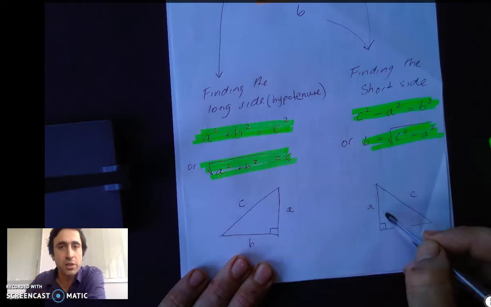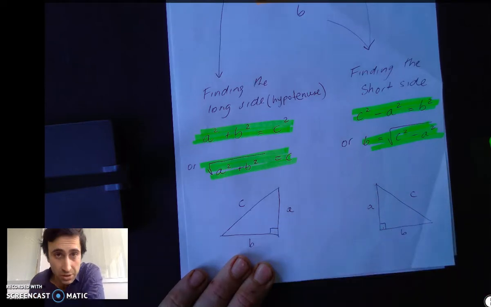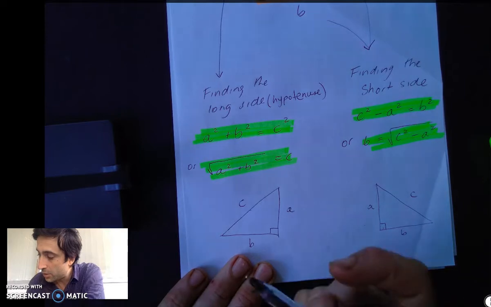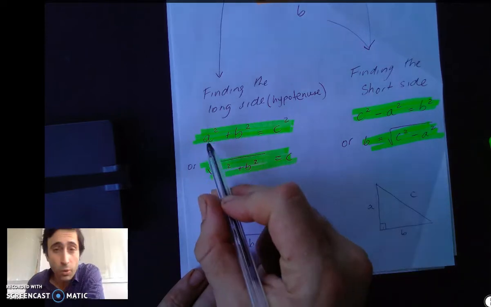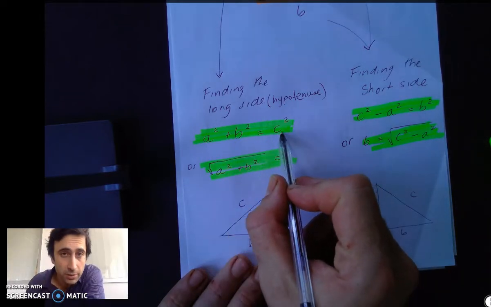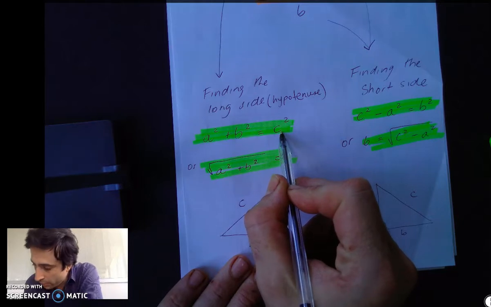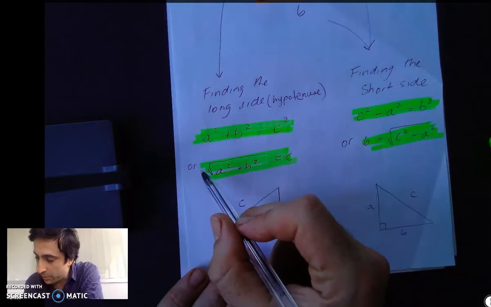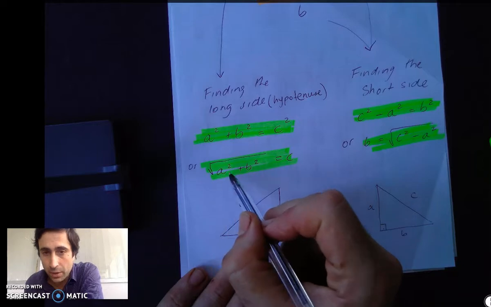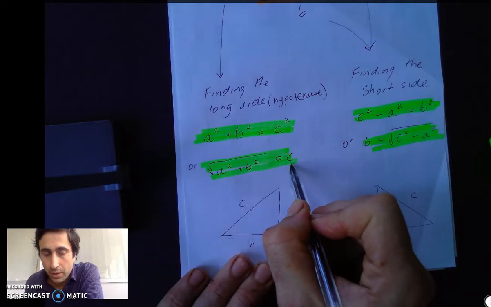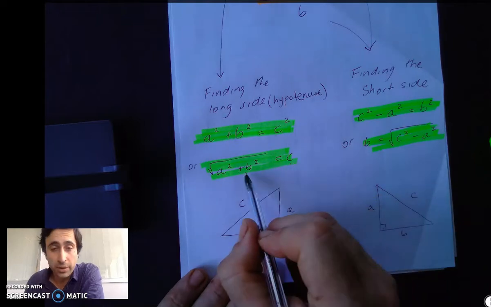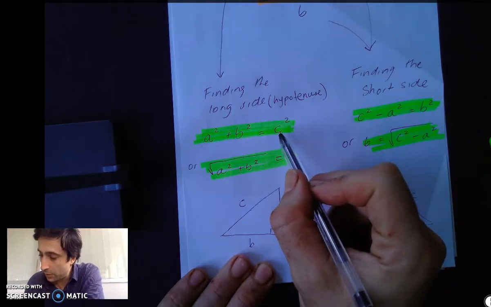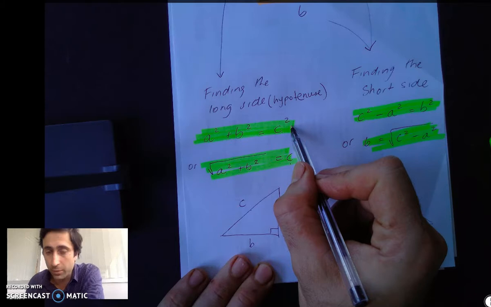And what are the formulas we need to know? Well, if we're finding the long side, we use a squared plus b squared equals c squared, or, let's do a little bit of a neater one, the square root of a squared plus b squared equals c. Now, those of you who are looking at this and going, what? Either we do the square root at the end for this one, or we include it into the formula, which is what we're doing here.